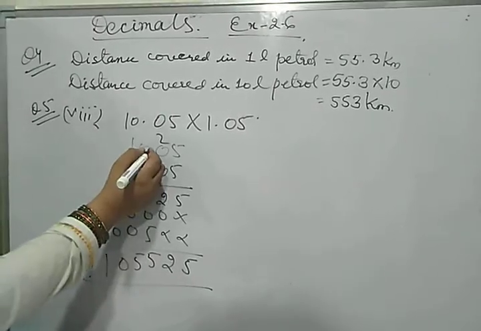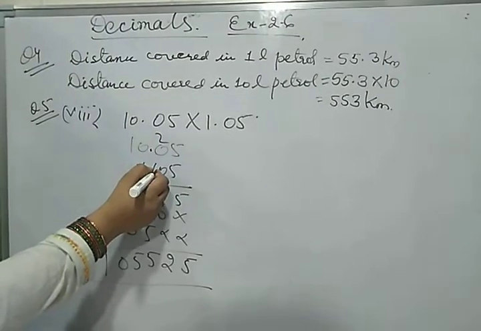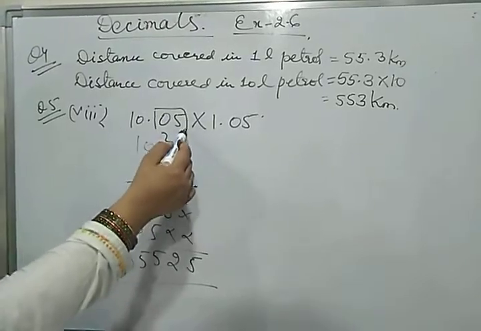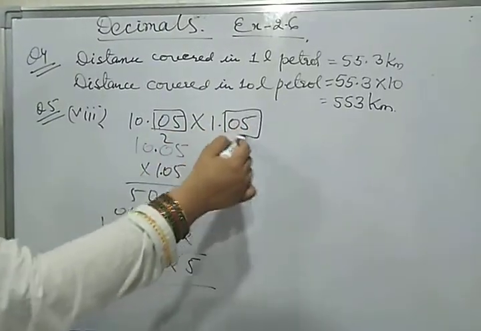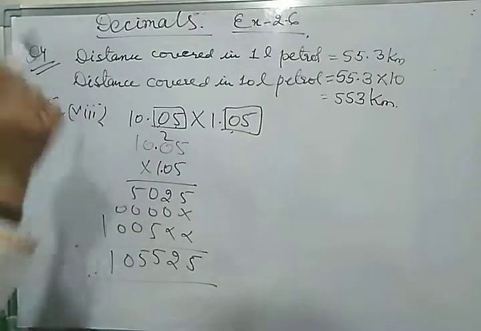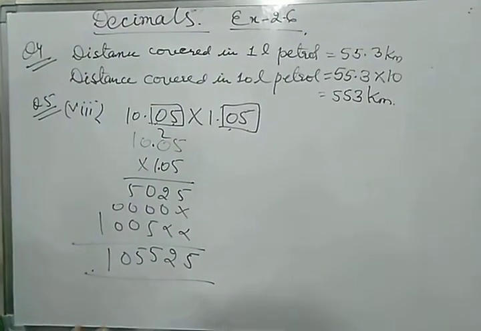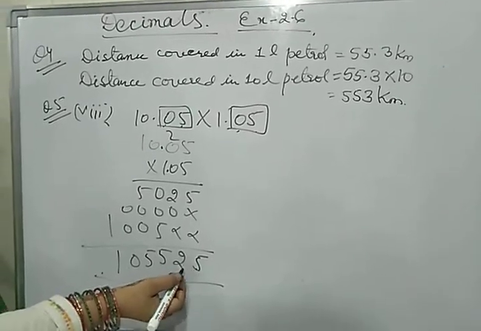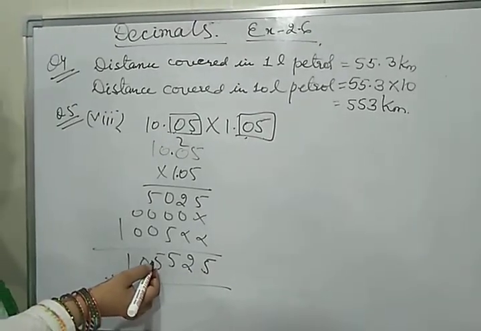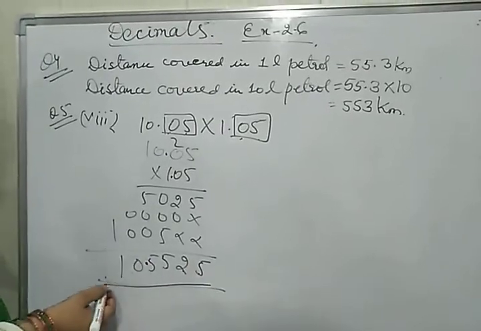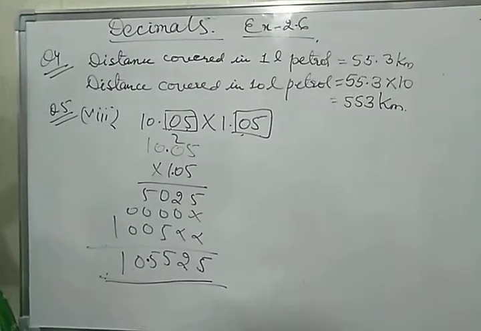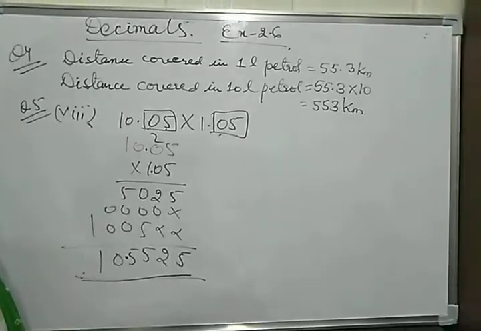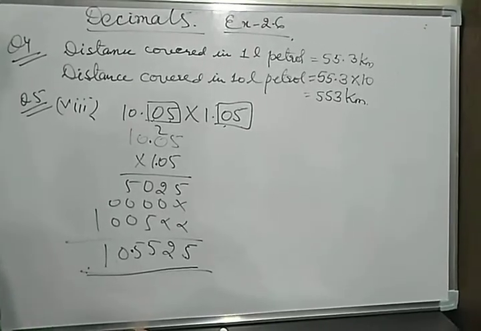Now place the decimals as given in the question. Now count the number of digits after decimal. 1, 2, 1, 2, 1, 2, 3, 4. Total 4 digits are there after decimal. So in the answer, before 4 digits we have to place the decimal. 1, 2, 3, 4. Before 4 digits we have to put the decimal here. Okay. I think now you have understood the concept of the multiplication of decimal numbers. So you can do the rest of the questions yourself.